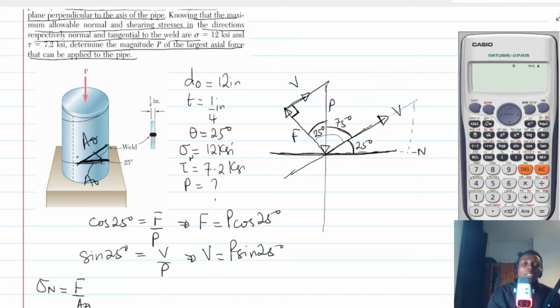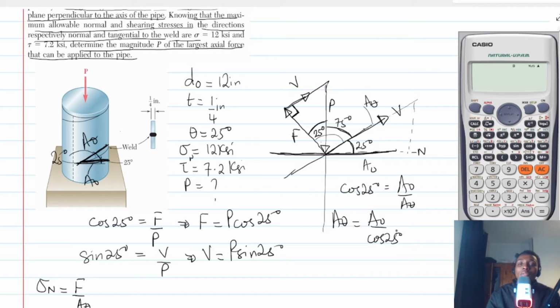But the angle between this and this is what? 25. So what can we say? If here is A naught and this side corresponds to A theta, then we can say that cos 25 will be A naught over A theta. In other words, A theta must be A naught over cosine 25.